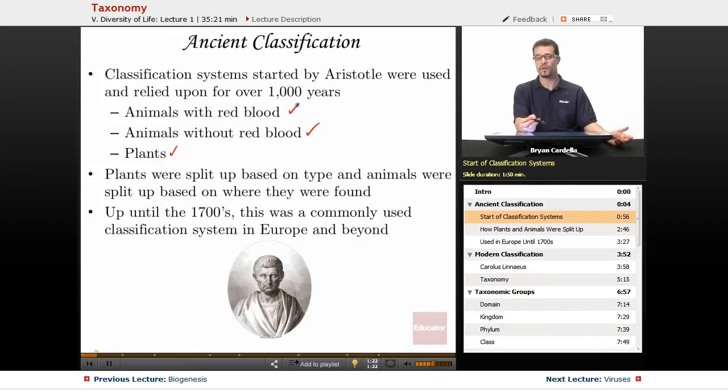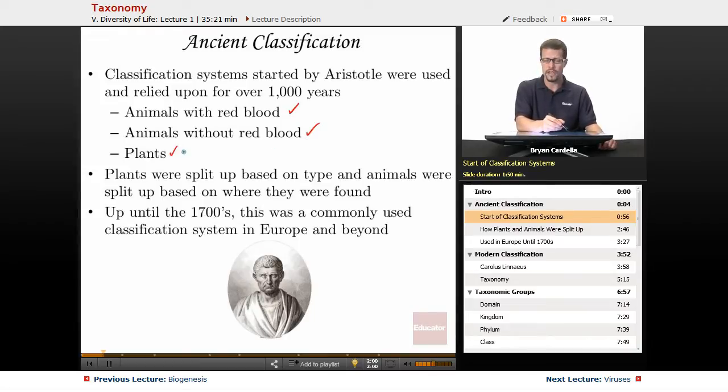So basically, according to his observations, every life form on Earth was in one of these three groups. So yeah, you would imagine that humans and chickens and dogs would be animals with red blood. Perhaps he'd have an insect or a worm or maybe even a squid in this one. It's hard to say the entire list and all the different animals that he would have been exposed to in his lifetime. But based on his observations, he separated all animals in these two groups, and everything else was plants.